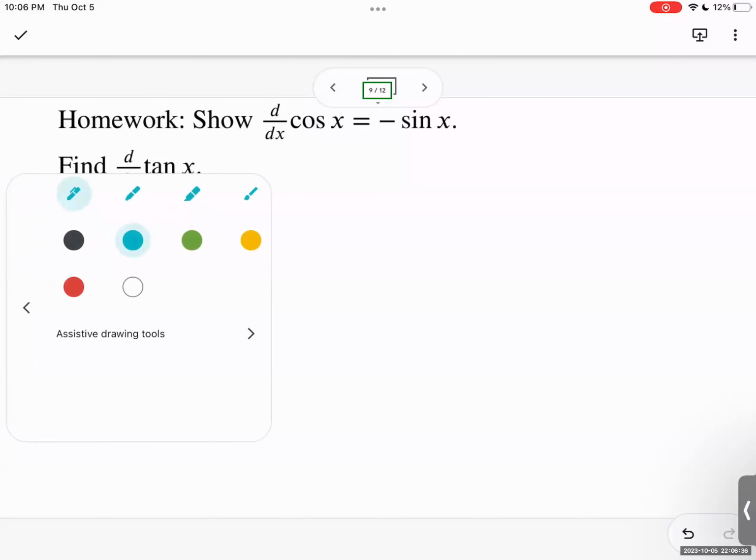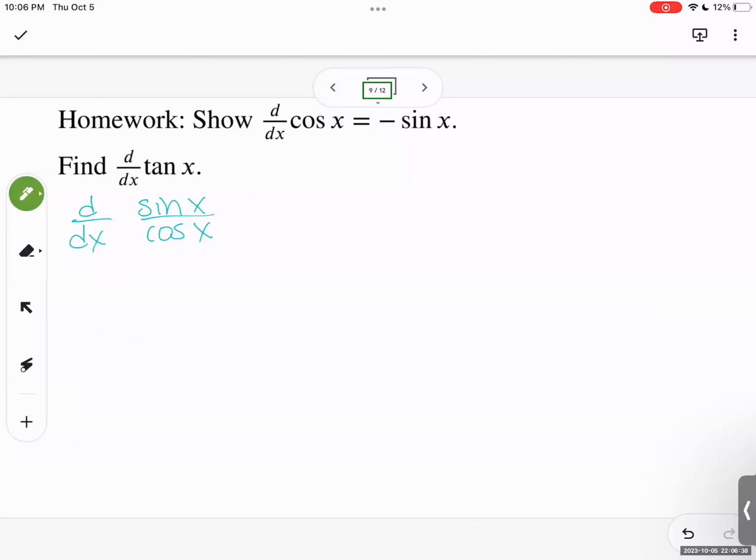The quotient rule says, if we have the derivative of the function f divided by the function g, this is g f prime minus f g prime. So low d high minus high d low over low squared.